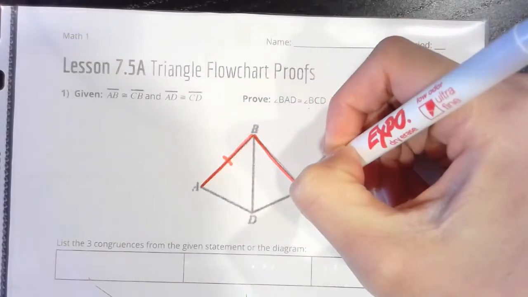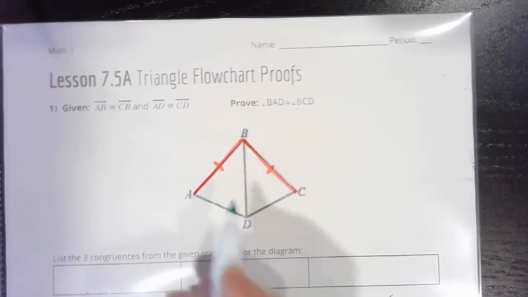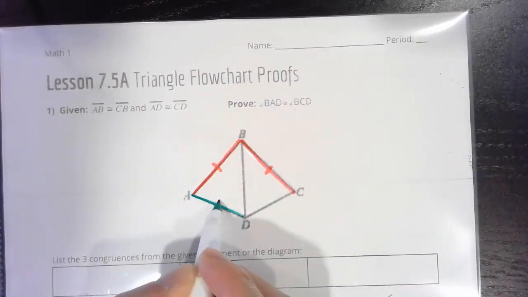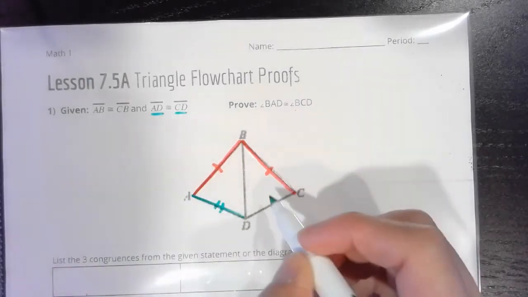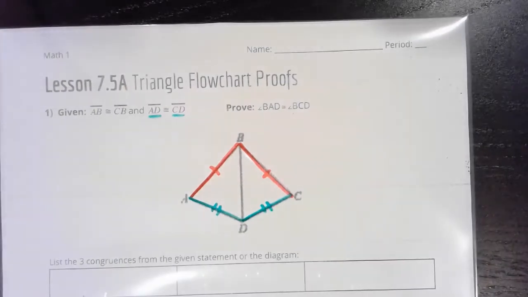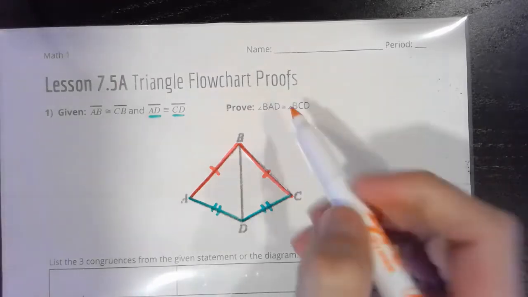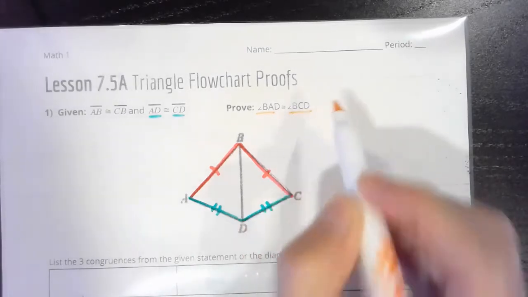That's this side here. And AD is congruent to CD. That's this side here. And then we're being asked to prove that angle BAD is congruent to angle BCD.